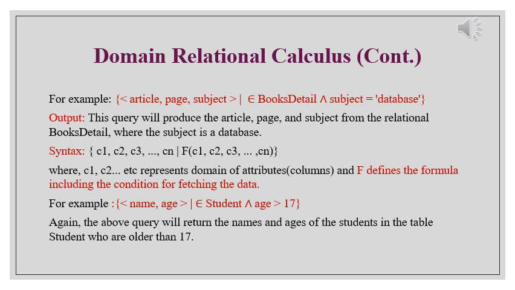These are two attributes that belong to the table student, where age should be greater than 17 years. The above query will return the name and age of the students in the table students who are older than 17 years. So these are the two major concepts of domain relational calculus as well as tuple relational calculus. These all together make up the relational calculus.